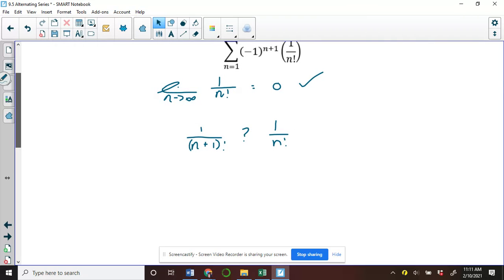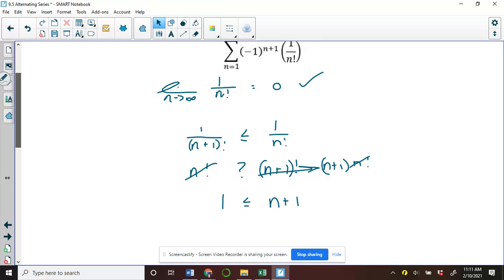Again, I would cross multiply. So that's n factorial and n plus 1 factorial. N plus 1 factorial can be expanded into n plus 1 times n factorial. At that point, if you were to divide, then we have 1 and n plus 1. And obviously, as n is greater than 1, we have this going on.